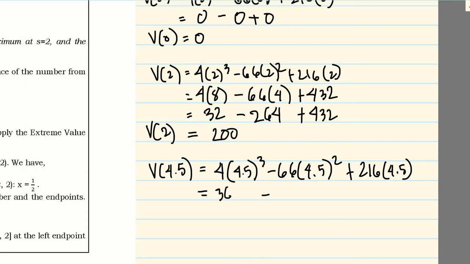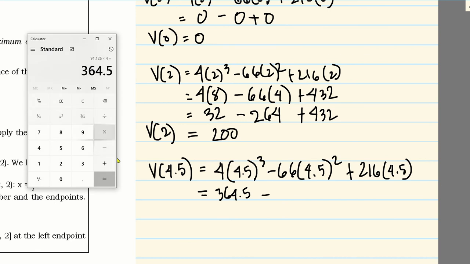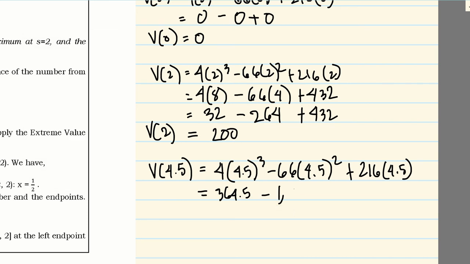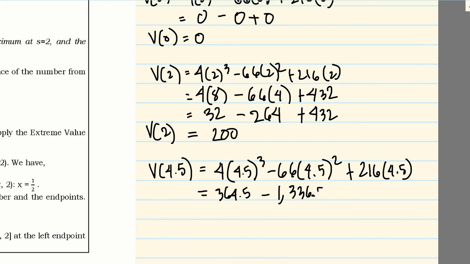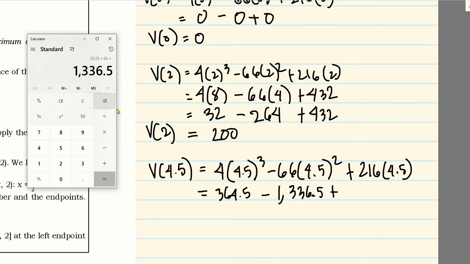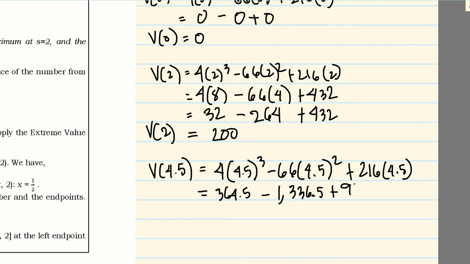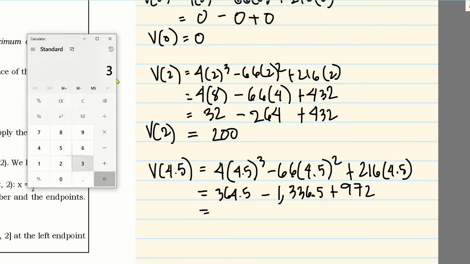Then 4.5 times 4.5 is 20.25, times 66 is 1336.5. Plus 216 times 4.5, which is 972.